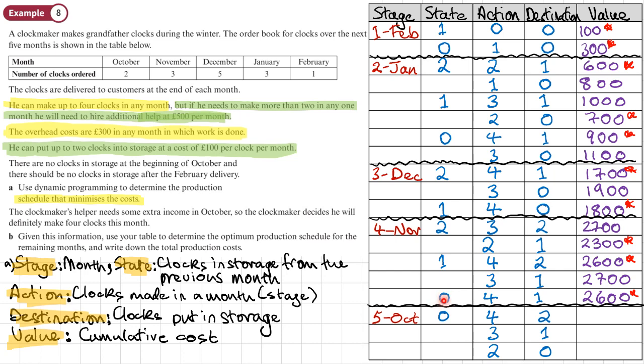So these destinations must have a state that they go to. Now we'll work out the total cost for each one. So none of these will have any storage costs because there were none in storage before October. If we make 4, that means we have overheads and additional costs, so 300 plus 500.